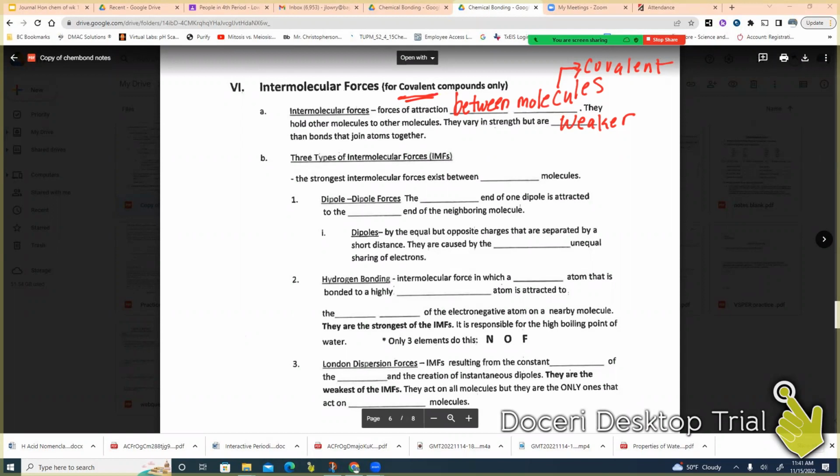So the strongest intermolecular forces exist between polar molecules. And something is said to be polar when it has a slightly positive side and a slightly, so in other words, not a full charge, negative side.